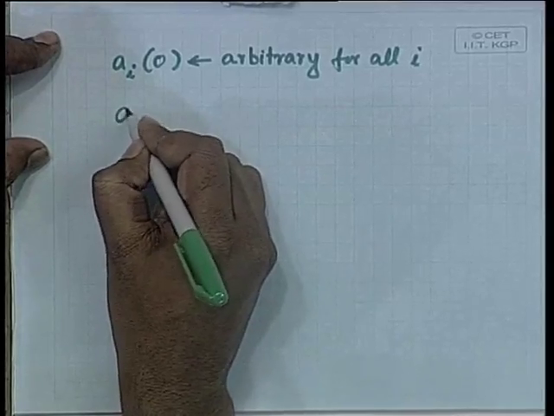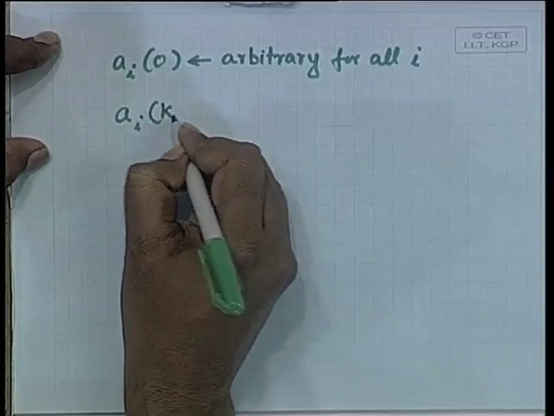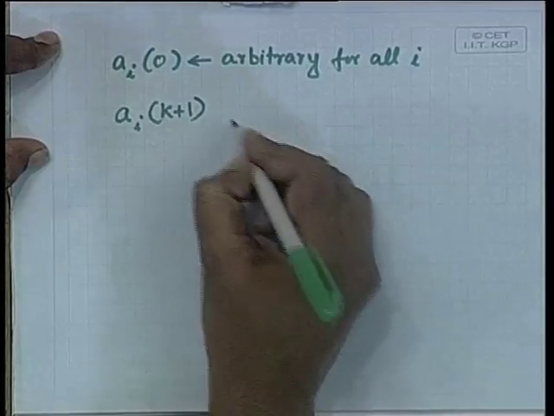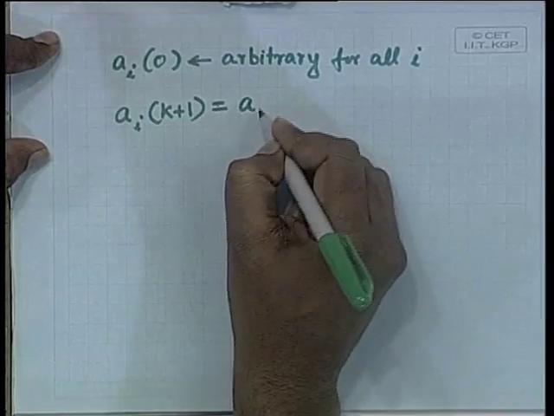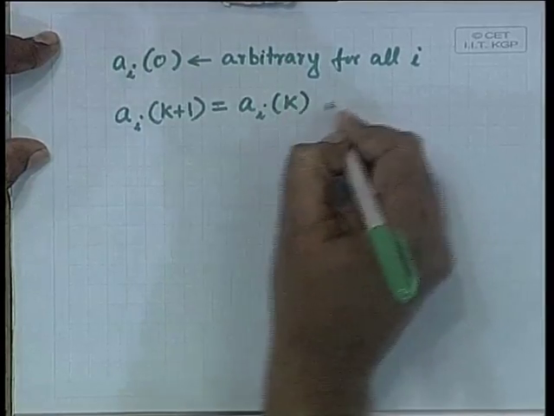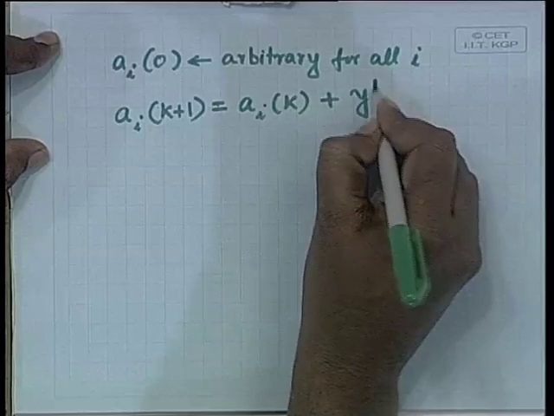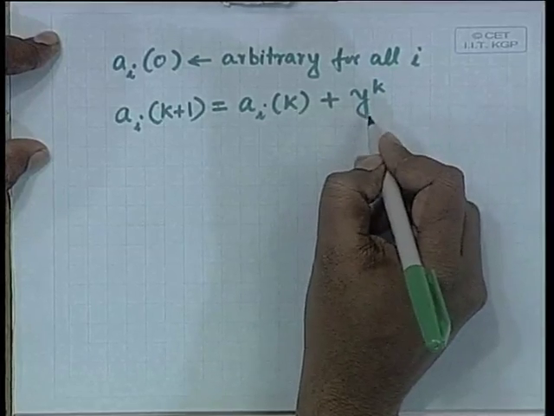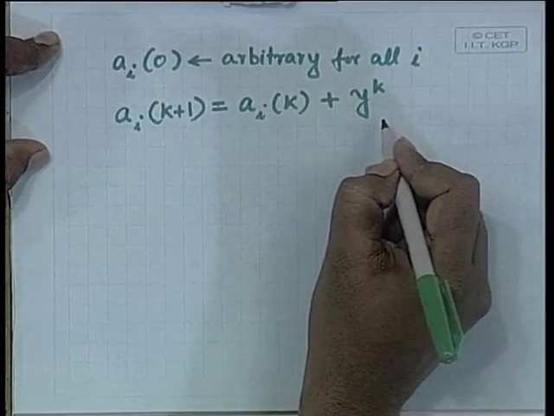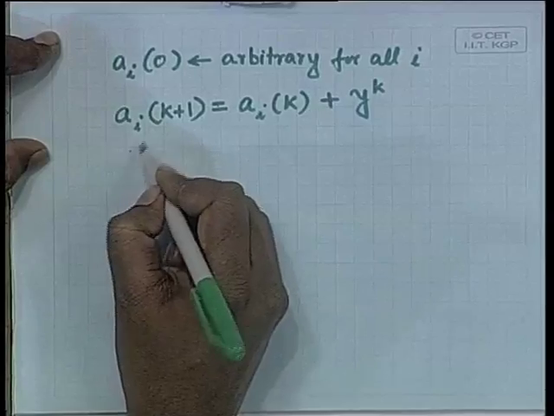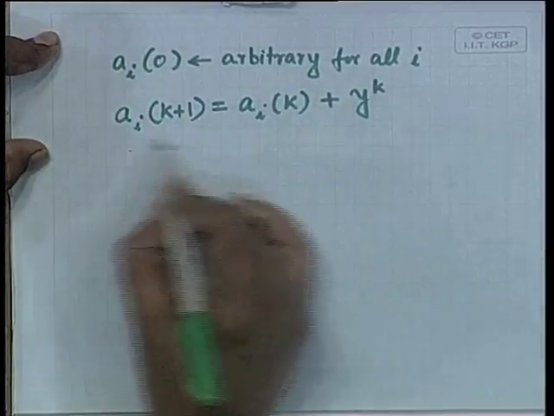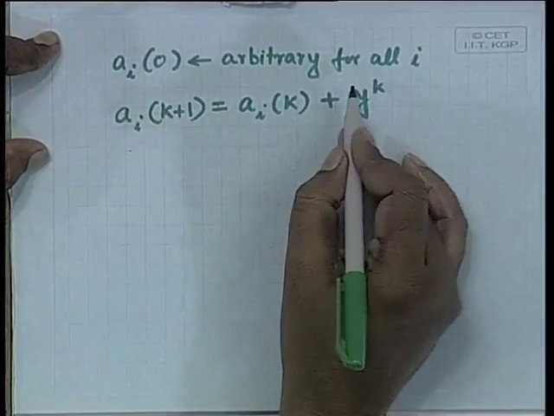Okay. So, that weight updation rule will be A i k plus 1 is equal to A i k plus y k, where this is the sample which is misclassified. And this is what we have obtained using our perceptron criteria earlier.